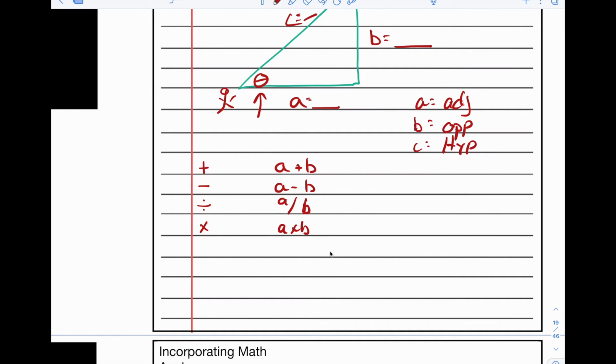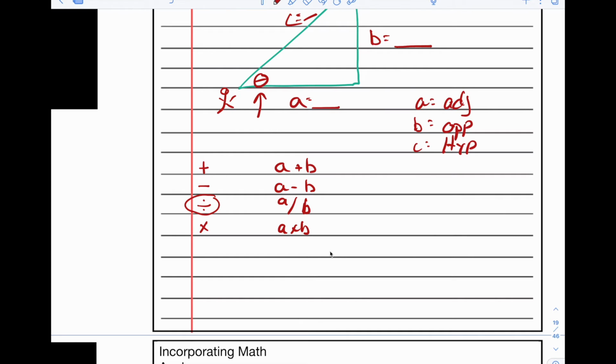Now the one that we're always going to be using for trigonometry is division, and you have a limited number of options.